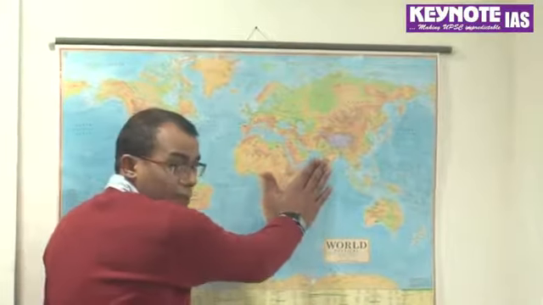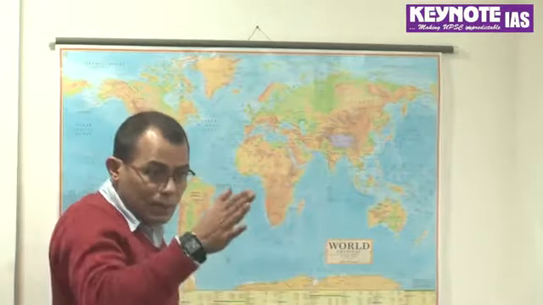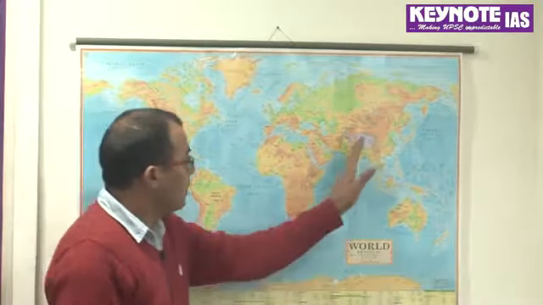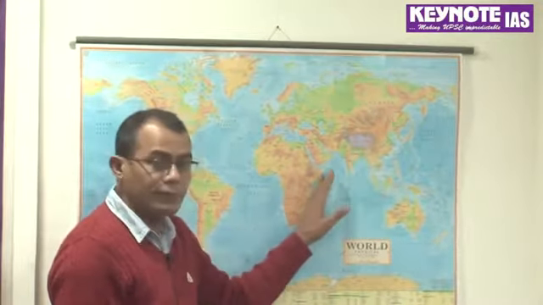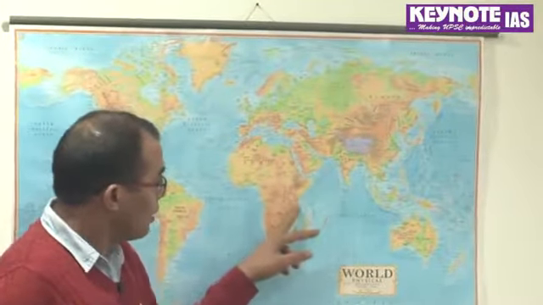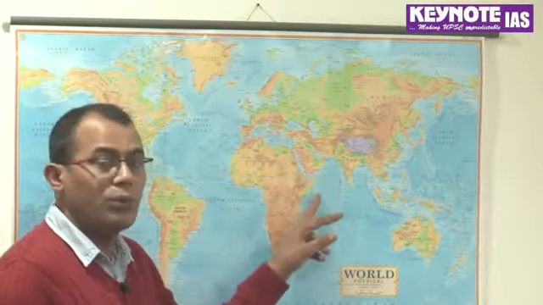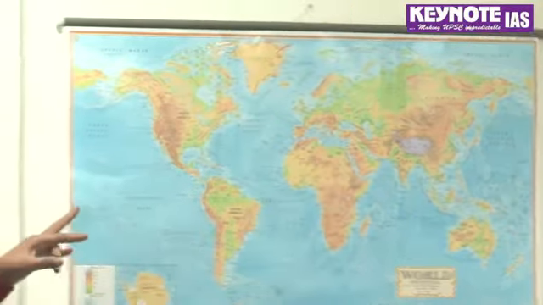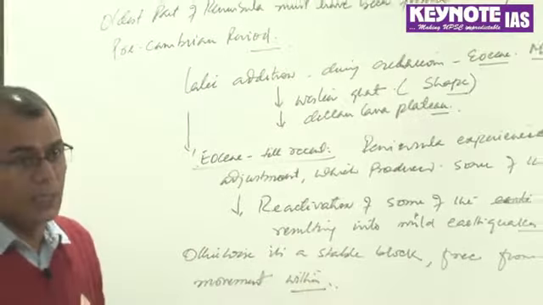Remember, India's direction was like this earlier, and the present direction is basically because of anti-clockwise direction of the Indian plate, right? So when it was attached, you can imagine this. It was much, much bigger than what it is right now. The part that does not fit with the shape of Eastern Africa is the part which has broken and subsided, faulted, right? And that faulting took place around 150 million years ago, which formed Western Ghat.